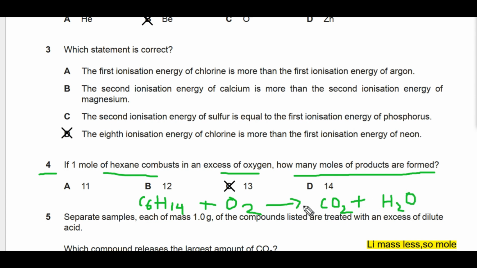So 6 carbon, 6 moles carbon dioxide, 14 hydrogen, 7 moles of water. Now 12 plus 7, 19, so this will be 19 by 2, 9.5 moles of oxygen. Now you are asking how many moles of products are formed: 6 moles carbon dioxide, 7 moles water. Total moles of product will be 13.